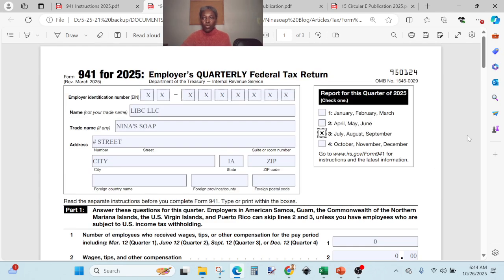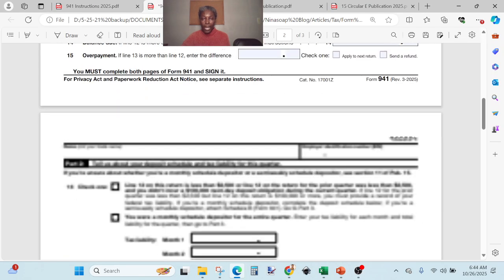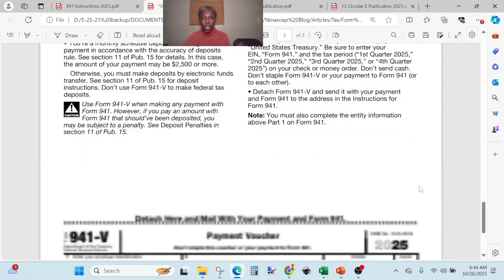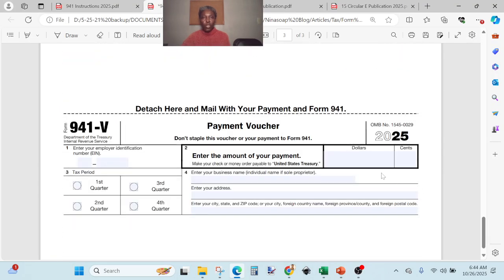So now that you are done completing your Form 941, there is a voucher at the bottom that you do not need to complete, because again, you do not owe any money on line 14. So therefore, you are not going to complete the voucher. You don't even need to print it out. Form 941 is 3 pages.